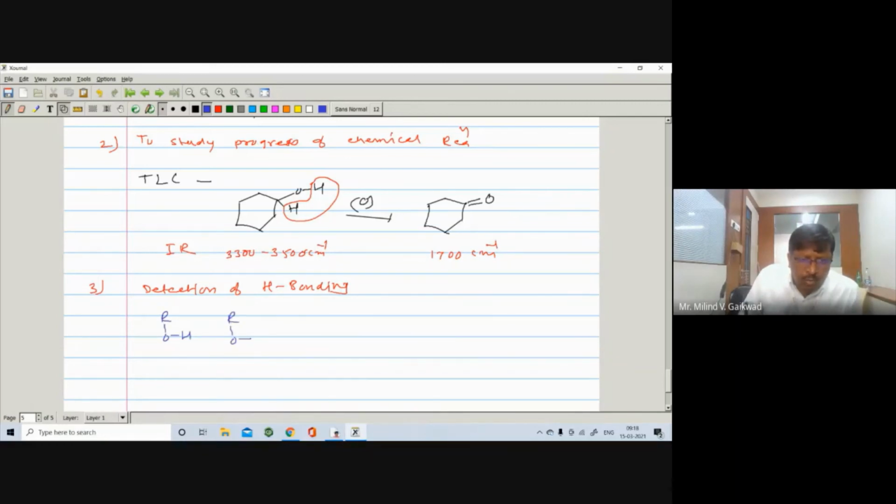Due to the presence of hydrogen bonding, the band will appear at somewhere around 3200 to 3500 centimeter inverse. So there is a presence of intermolecular H bonding.